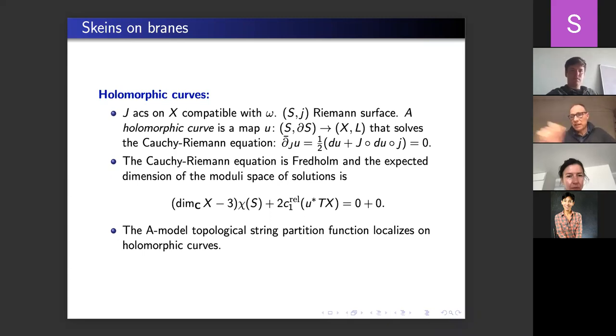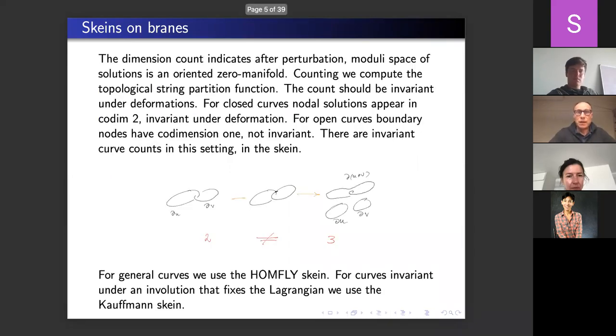But in fact, the integral has contributions only from the finite dimensional subset of holomorphic curves, which is 0 dimensional.